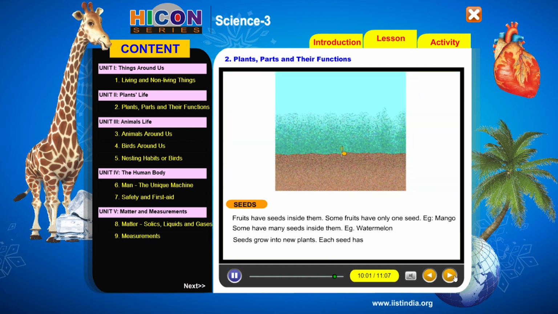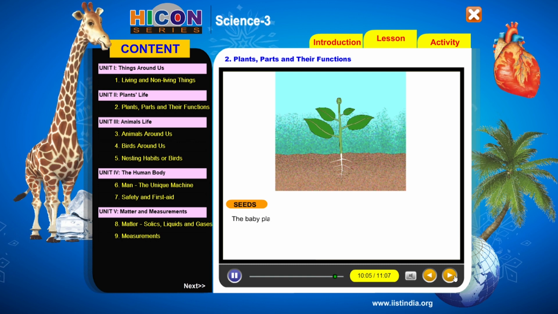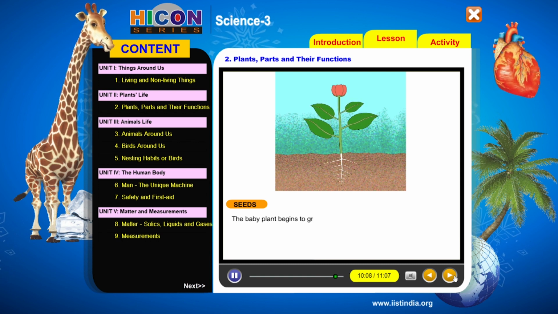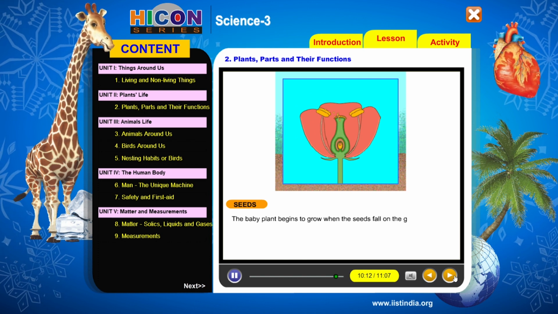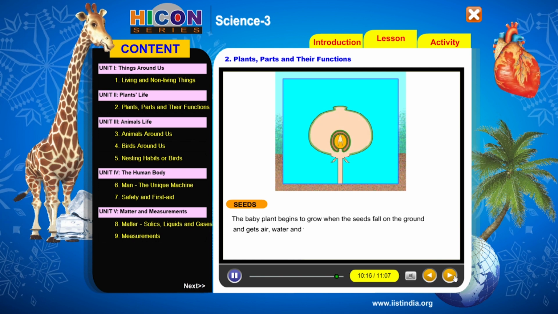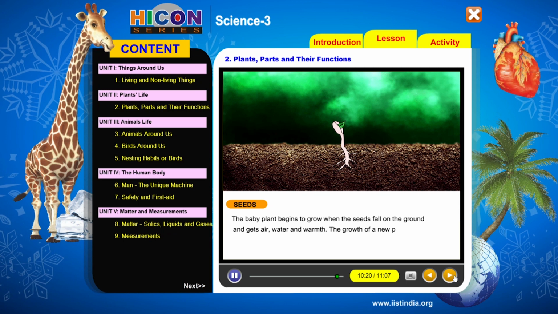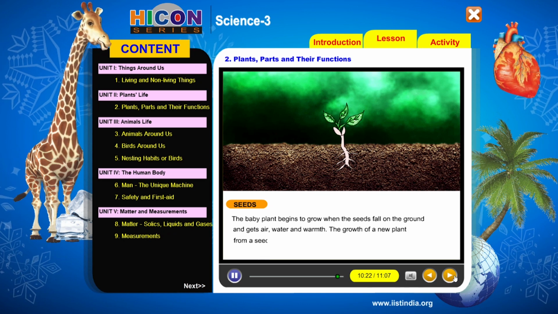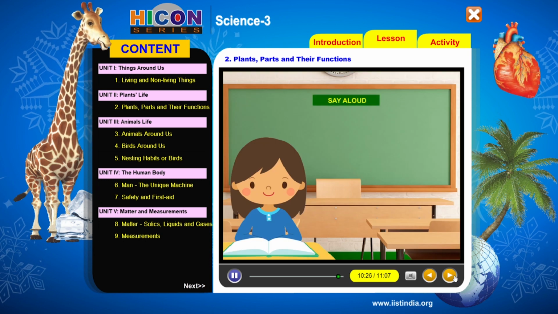Each seed has a baby plant inside. The baby plant begins to grow when the seeds fall on the ground and get air, water, and warmth. The growth of a new plant from a seed is called germination.